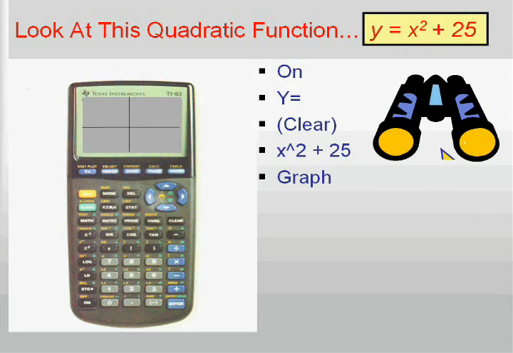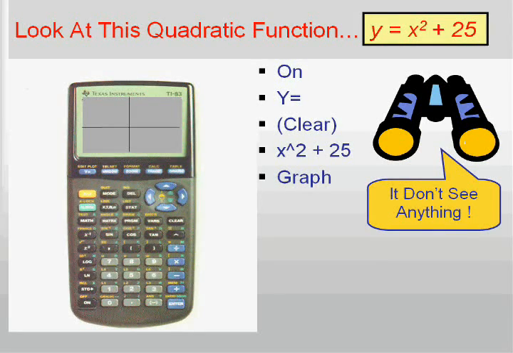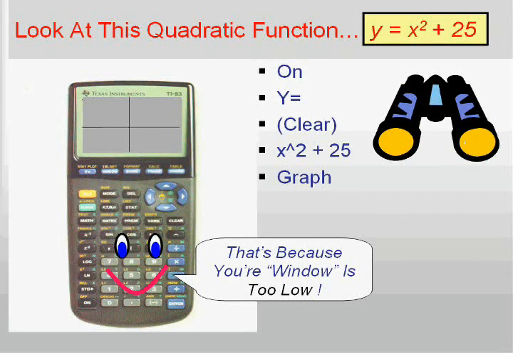I don't see anything. I see a blank graph. Now, why don't I see anything? Well, remember, the standard window only goes as high as 10 and as low as negative 10, and we're up at 25. So we're looking too low.